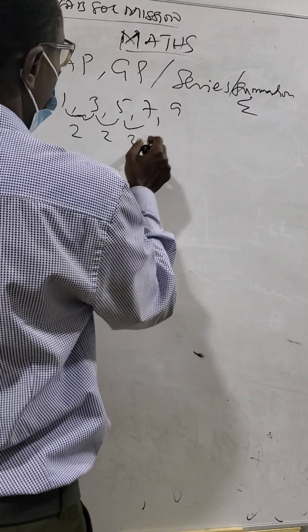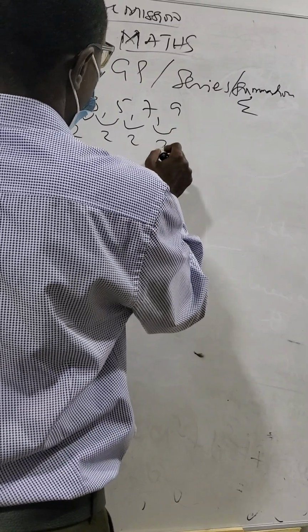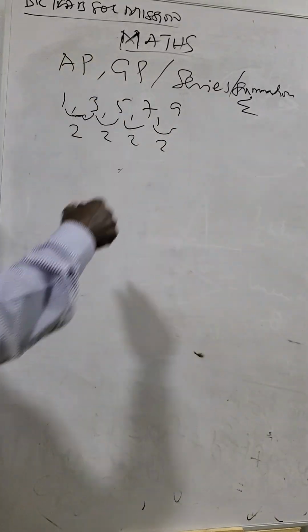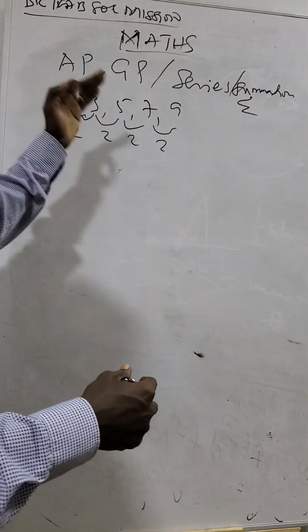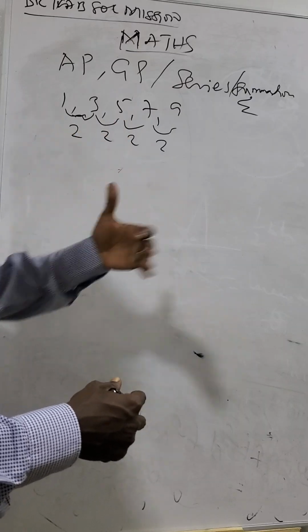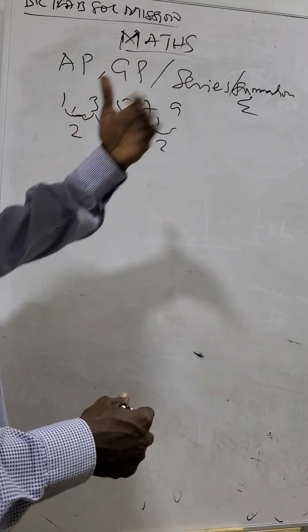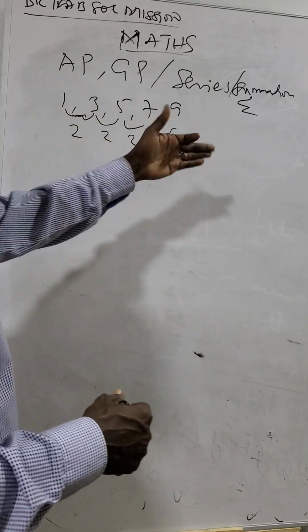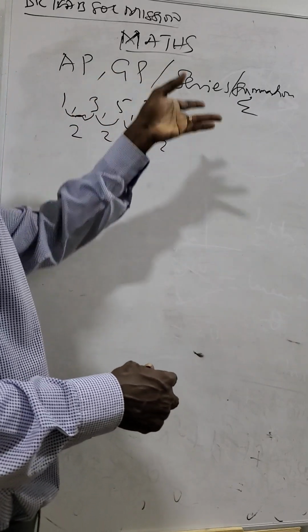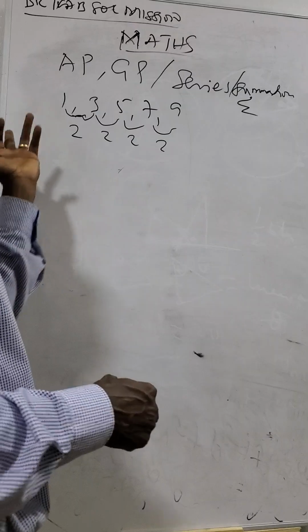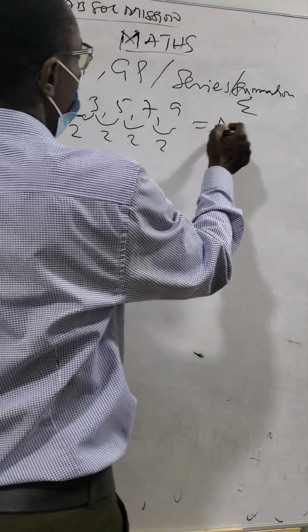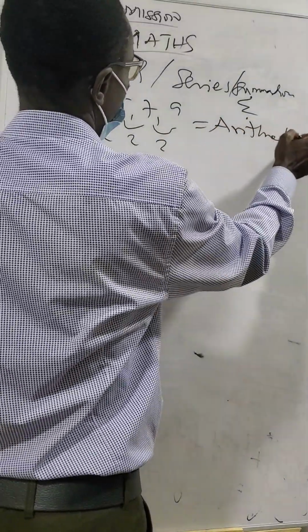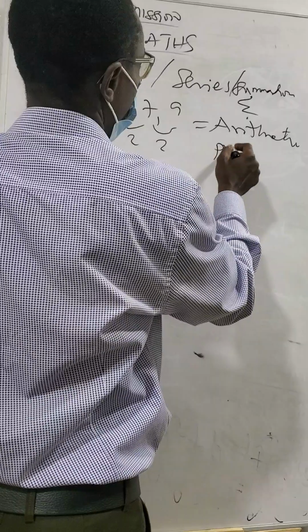From 5 to 7, we added 2. From 7 to 9, we added 2. So a sequence in which we go from one number to the next by adding the same number, or, looking at it backwards, by subtracting the same constant, is what we call an arithmetic progression.